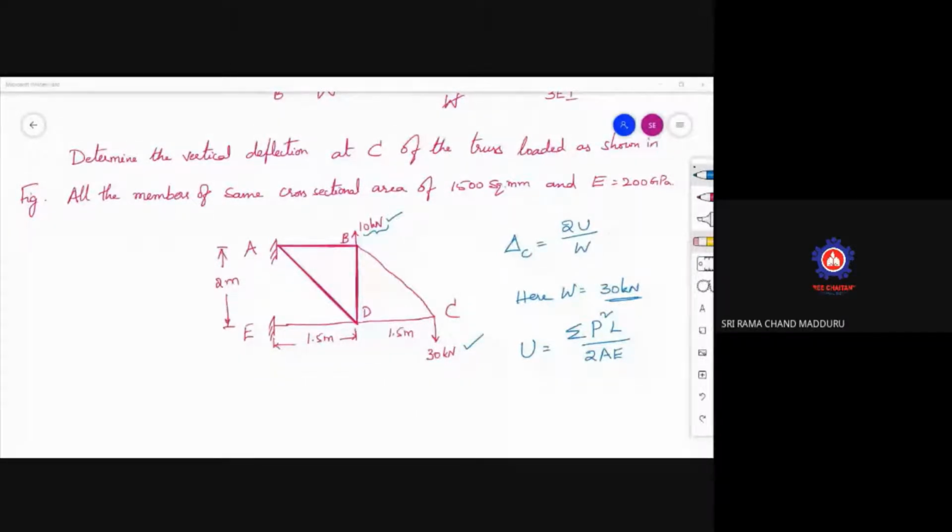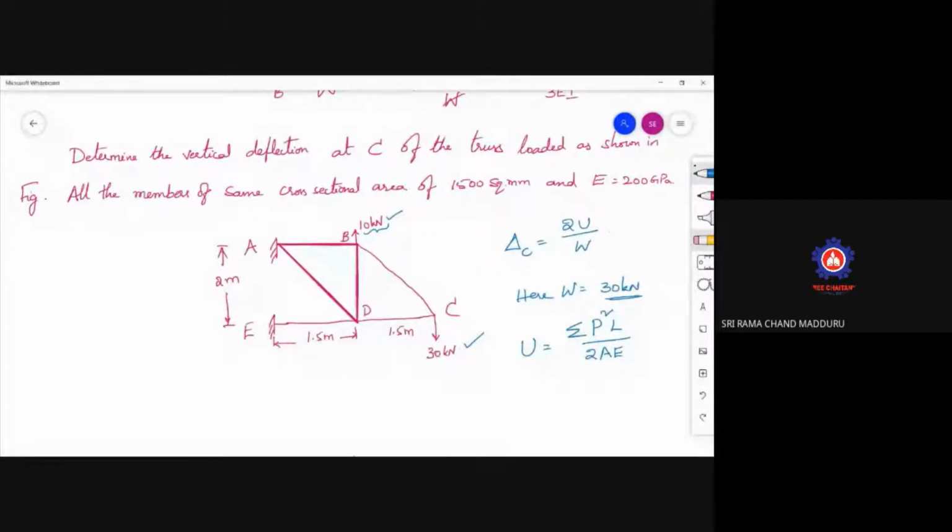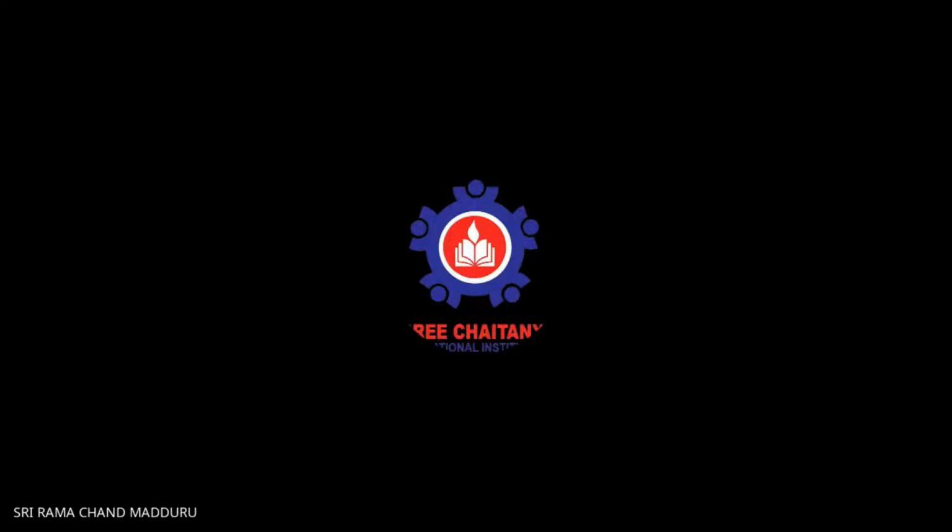Then do this in tabular form. The area of cross section is 1500 square mm and E is 200 GPa. So you will get the P value and the length of the member. This is 2 meters. This is 1.5.